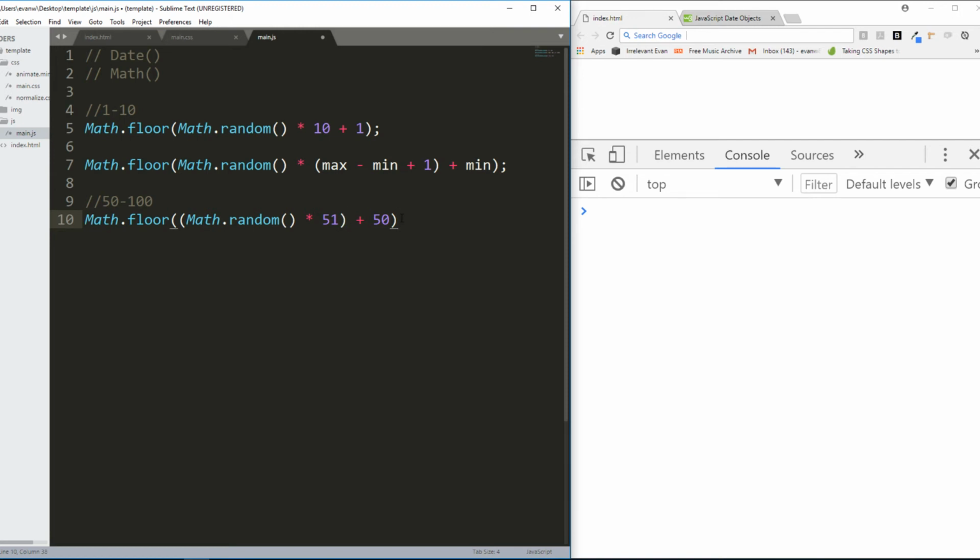Okay, so that is the math object. Now, the follow-up question is, why would we ever need a random number generator? Especially if we're not working on some esoteric data visualization or anything like that. Well, my response to that is, have you ever used the shuffle feature on literally anything?